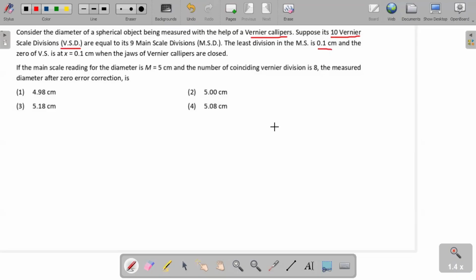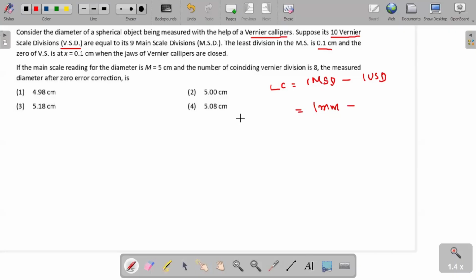First, we should be clear about least count. Least count is equal to 1 main scale division minus 1 vernier scale division. 1 millimeter is 1 main scale division, which is 0.1 centimeter.